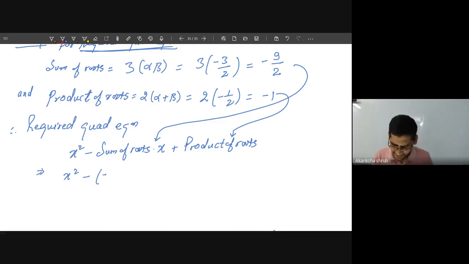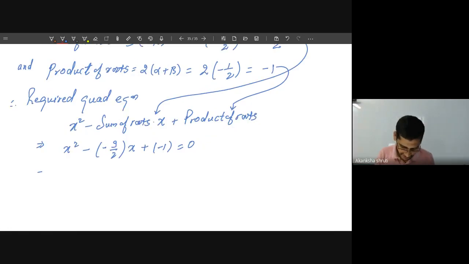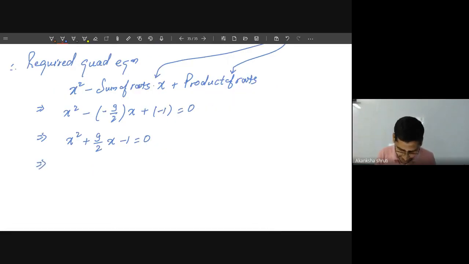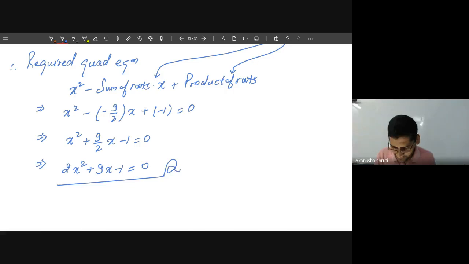Minus of minus 9 by 2 of x plus minus 1 is equal to 0. Good. Correct answer, Neeraj. So it is x square plus 9 by 2 x minus 1 is equal to 0. If you want to remove the denominator, you can write this as 2x square plus 9x minus 1 is equal to 0. This is the answer.